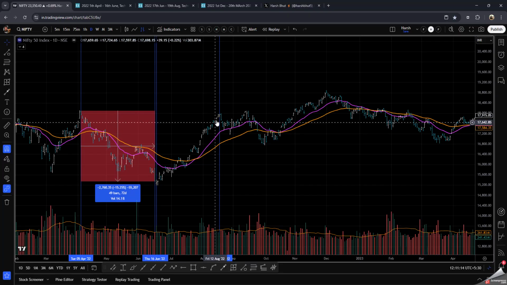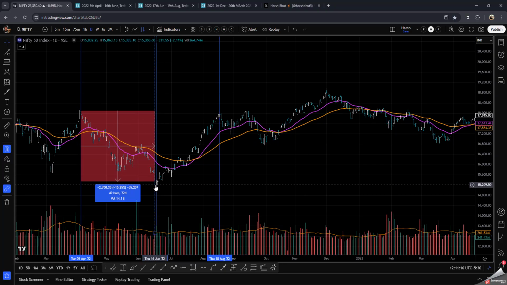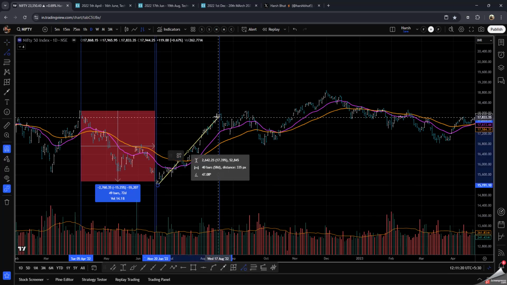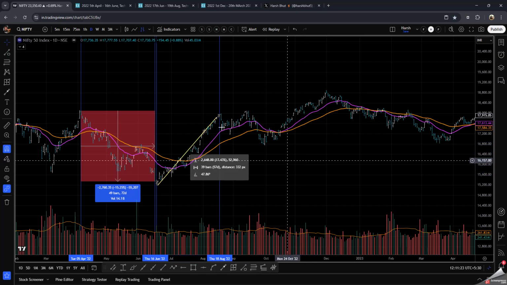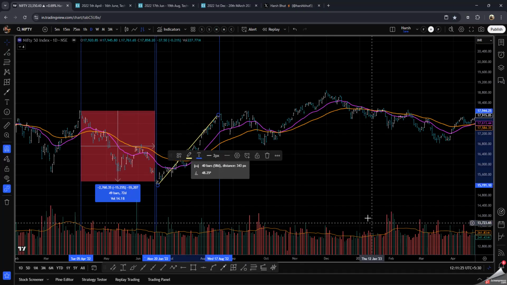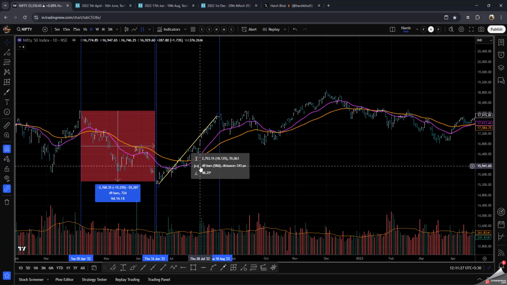So from 17 June to 18 August, we know that we had a good upswing, right? An upswing of more than, I think, 18% return in that index level in 40 sessions, right?